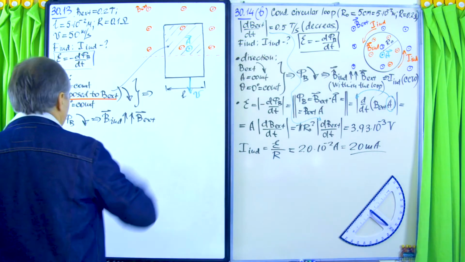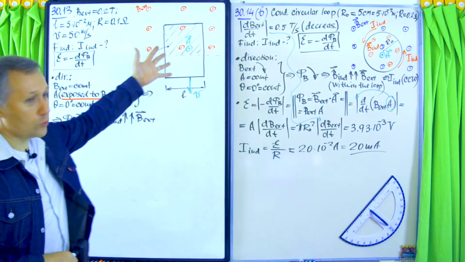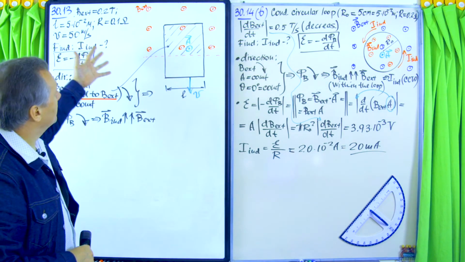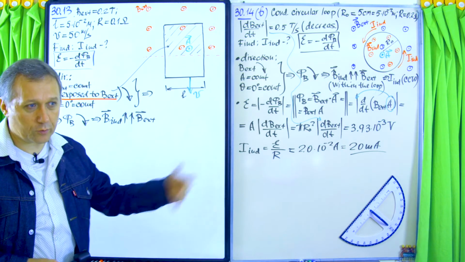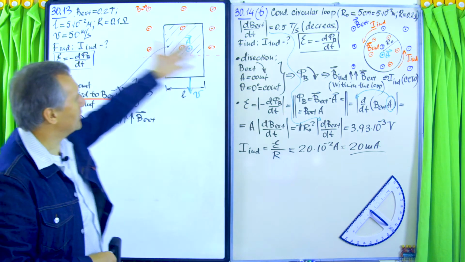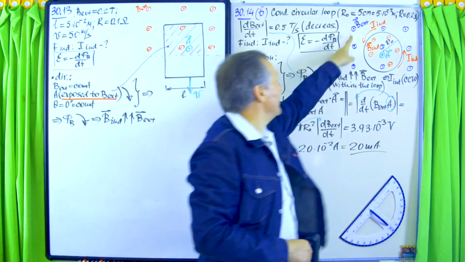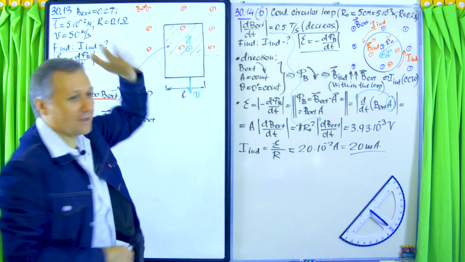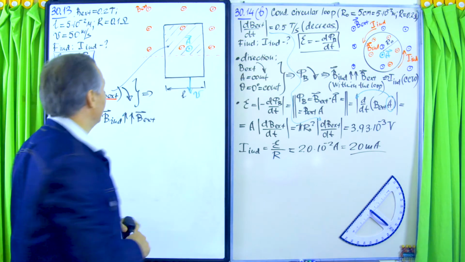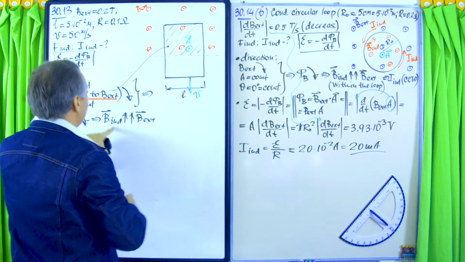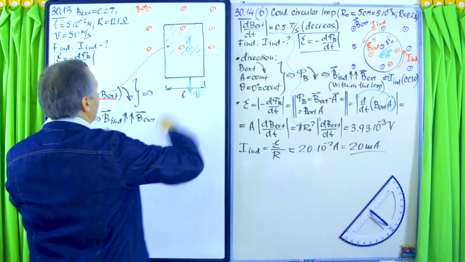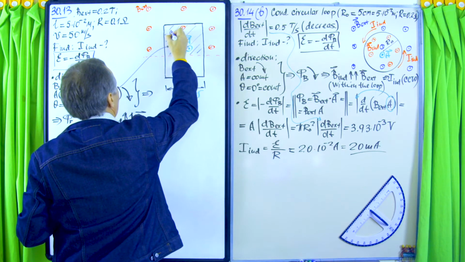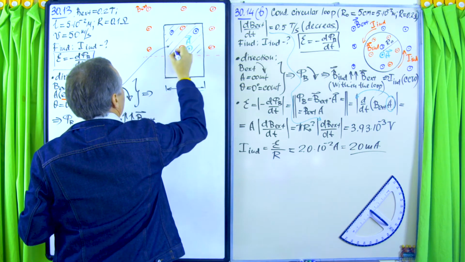And now you remember, usually I like to draw the induced magnetic field as dots or crosses. I realized I usually like to use blue color for B external, and now for whatever reason I changed color, sorry, but it's not a big deal. So now B induced will be in the same direction as B external, right? So it means that I must use dots. But now the question for you, right?